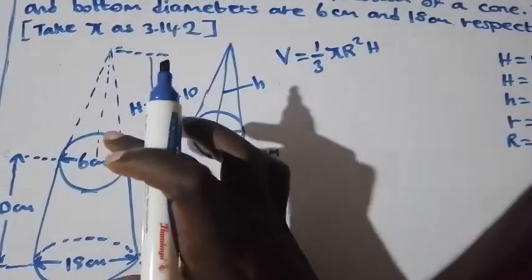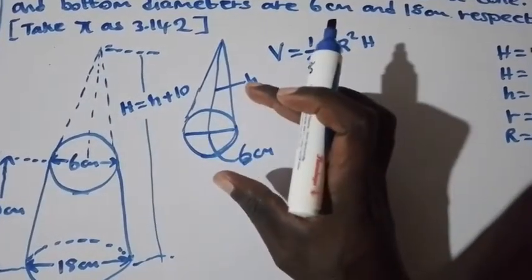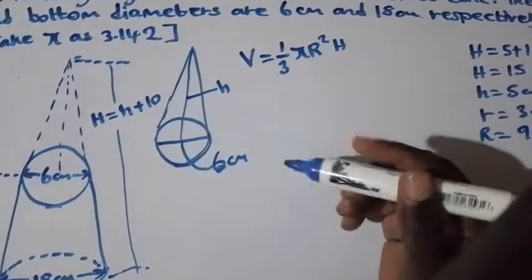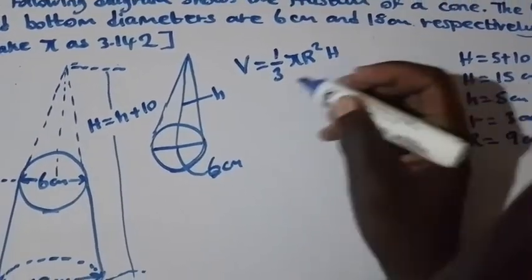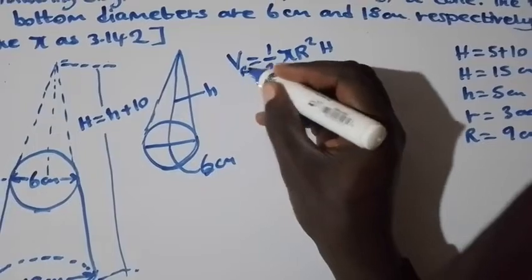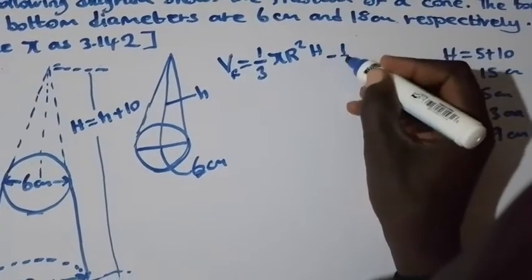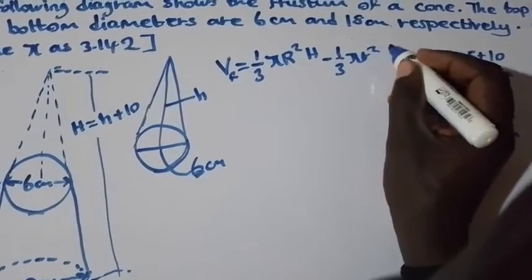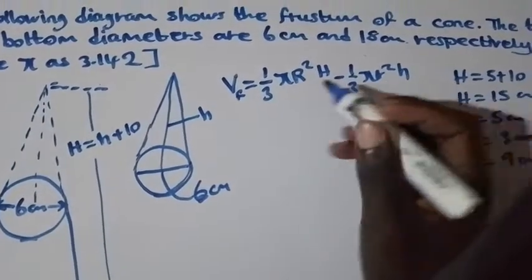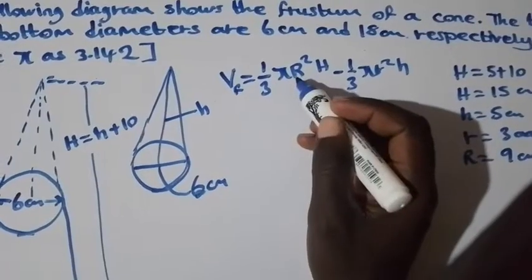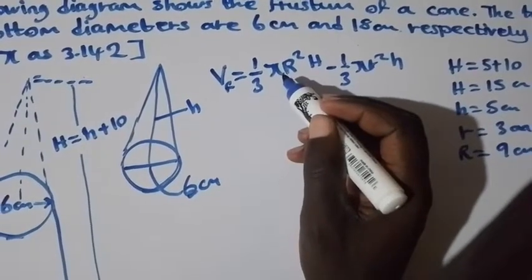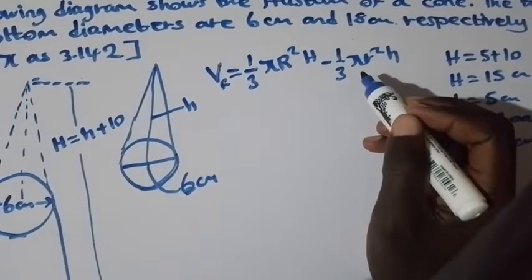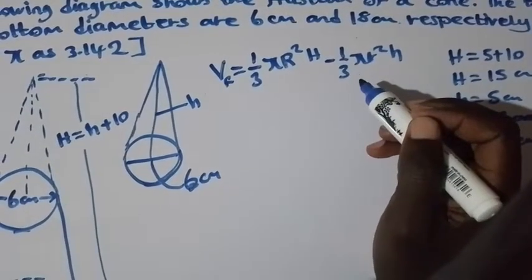We have the larger cone and the smaller cone. We need to subtract the smaller cone from the larger cone. So our formula for the frustum will be 1/3 pi capital R squared capital H minus 1/3 pi r squared small letter h. The first part is for the larger cone, that's why I've used capital letter R. The other side is for the smaller cone, that's why there is small letter r.